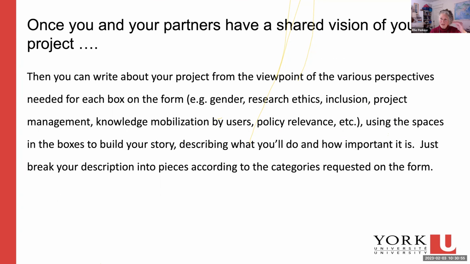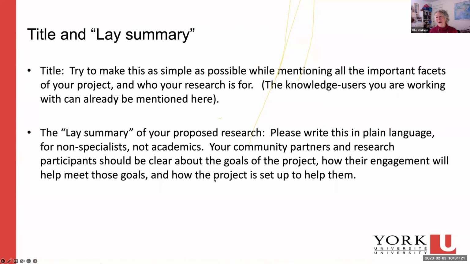It's organized according to the purposes of each of the text boxes: gender, research ethics, inclusion, SDGs, project management, policy relevance, all of that. But each little piece is part of this overall picture of the project's importance. I know it's easier said than done, but if you think about that goal, that is a way to approach the letter of intent stage.